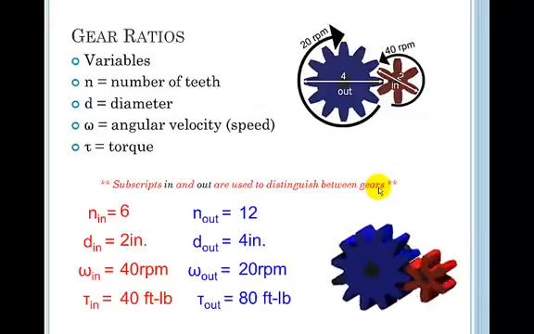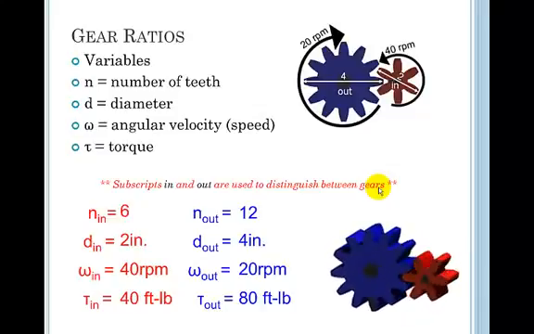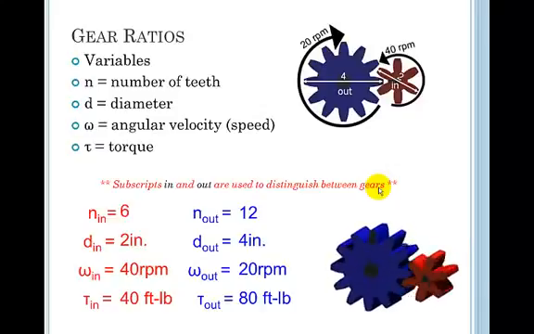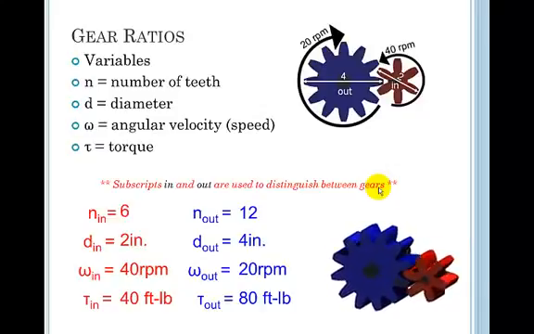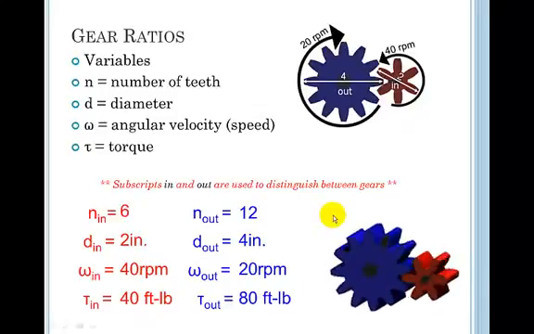What you get out of it is an increase in torque. So small to large is going to give you an overall decrease in speed, but an increase in torque. And you can see the input torque is 40 foot-pound, the output torque is 80 foot-pound.